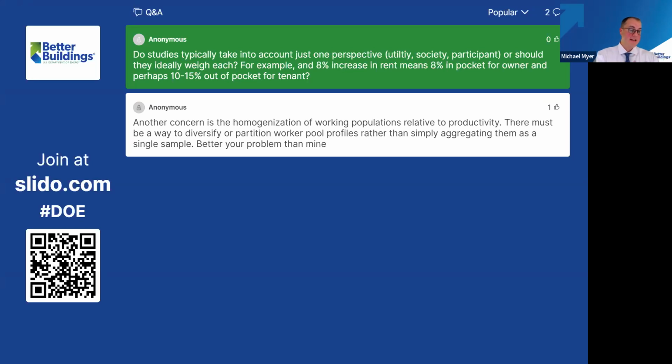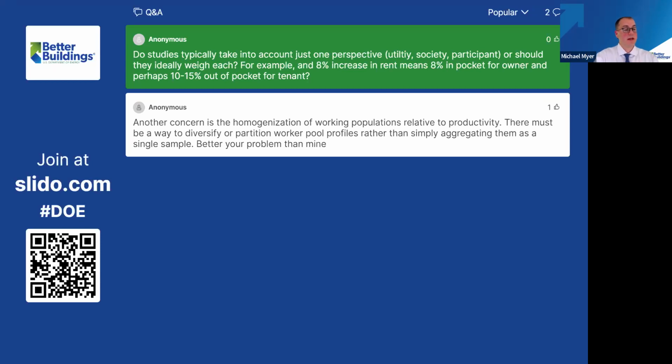Yes, in this example of rent, the owner's getting more money. The tenant is now paying more money, and you could conversely say, well, are we seeing an increase in performance because of daylight in those spaces? So I think that's a good question.